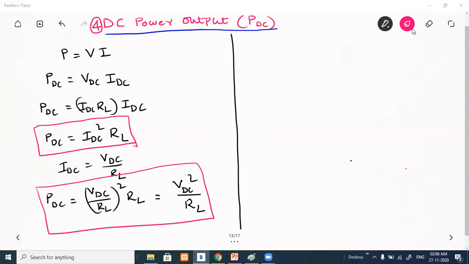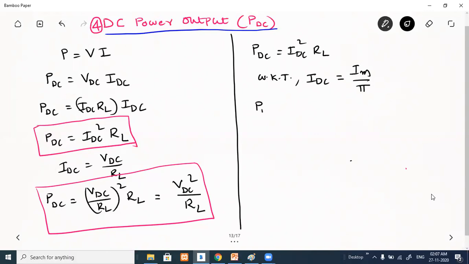Consider PDC equal to IDC square into RL, and we know that IDC equal to Im by pi, where Im is the peak value of the load current.